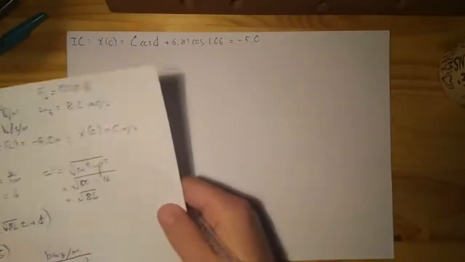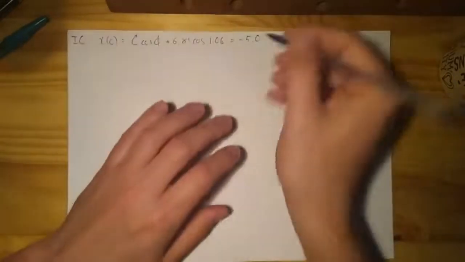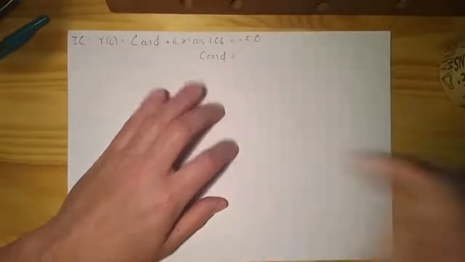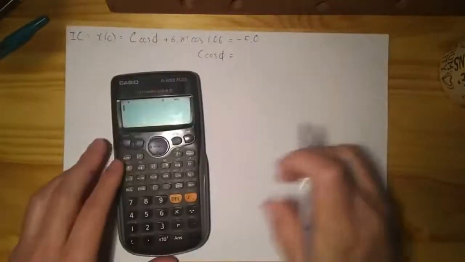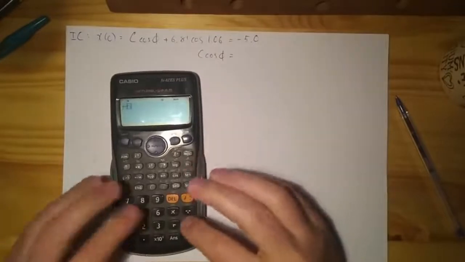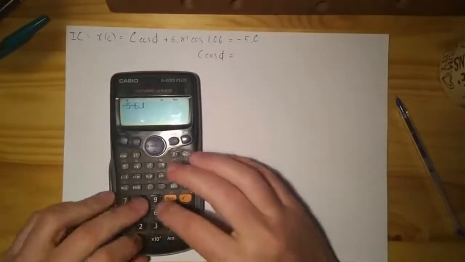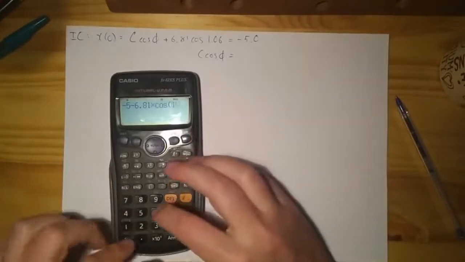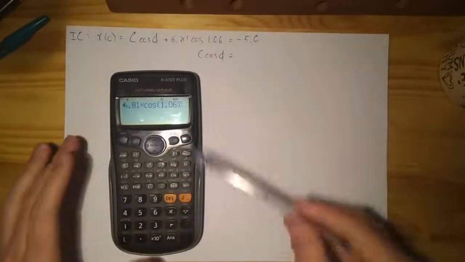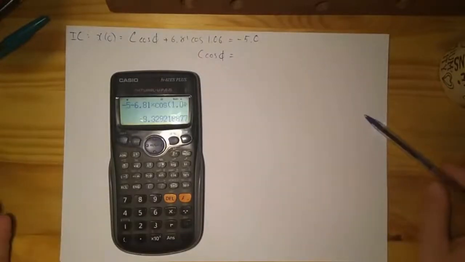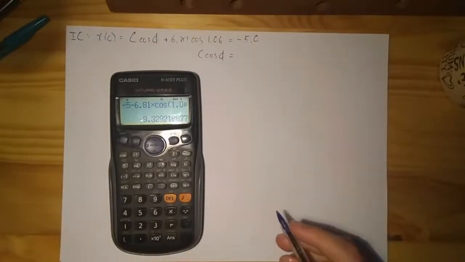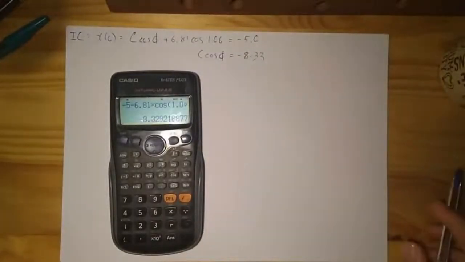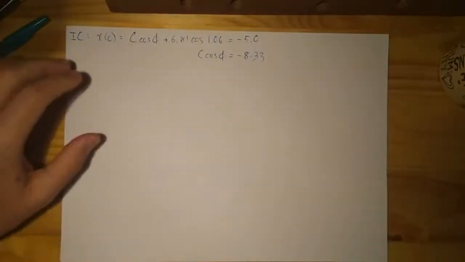Great, so we can simplify this. c cosine phi is therefore equal to minus 5 minus 6.81 times cosine of 1.06, and always of course check that you're on radians, don't forget. That's minus 8.33. Good enough, that's the first one.